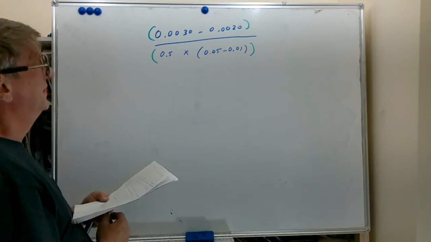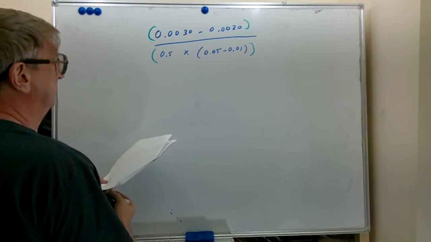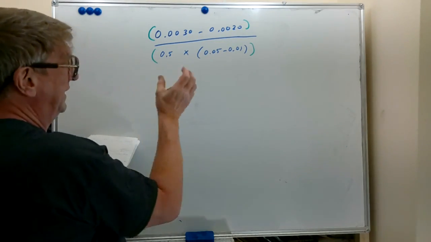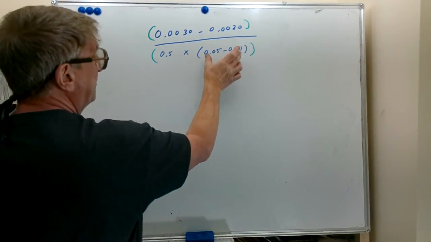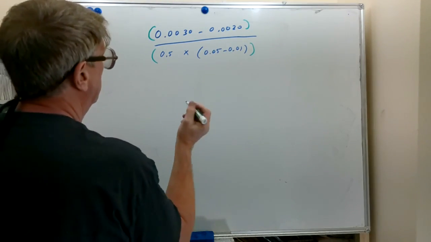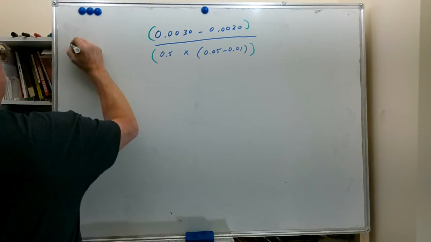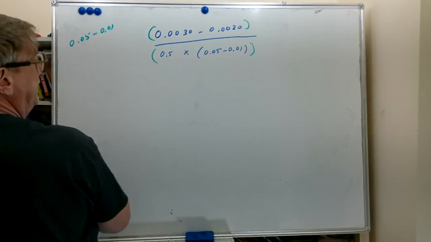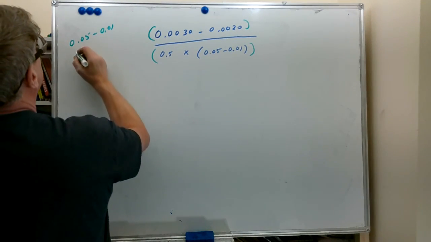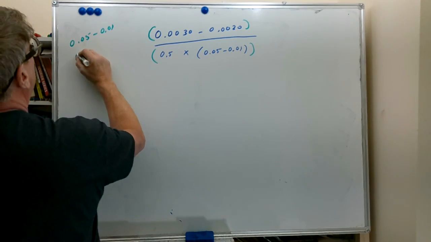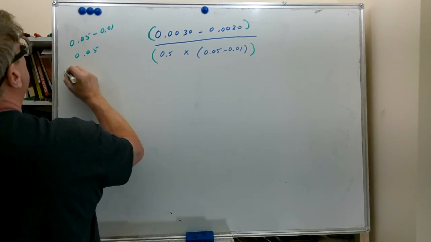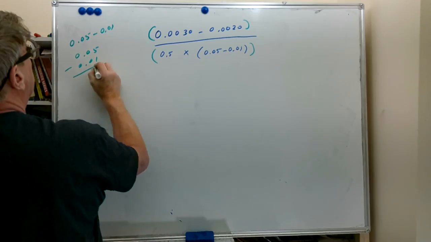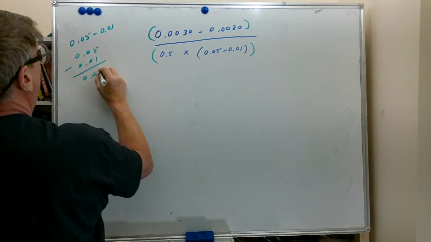So let's do this innermost parentheses first. Well, 0.05 minus 0.01. If we line that up, 0.05 minus 0.01 is equal to 0.04.